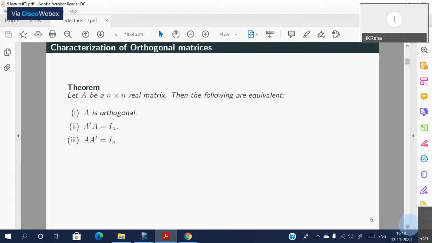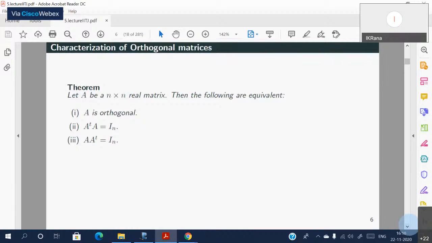You can write: A is orthogonal, A transpose A is identity, A A transpose is equal to identity, and any one of them being satisfied for the matrix of the linear transformation means the transformation is an isometry.